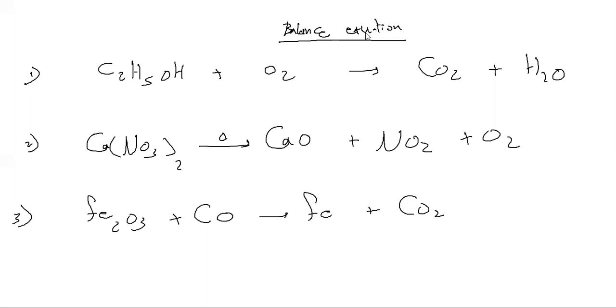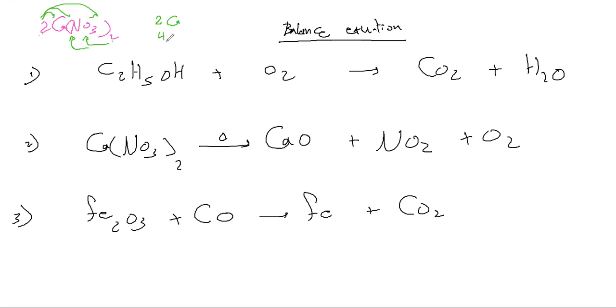What I want you to know, for example, if you have 2Ca(NO3)2, and I'm asking you the number of atoms in this molecule, you will find that for Ca we have 2Ca. The 2 in front is a common factor for all. For N, the subscript 2 is a common factor for N and O, while the 2 in front is common for all. So we have 4N, 2 multiplied by 2.